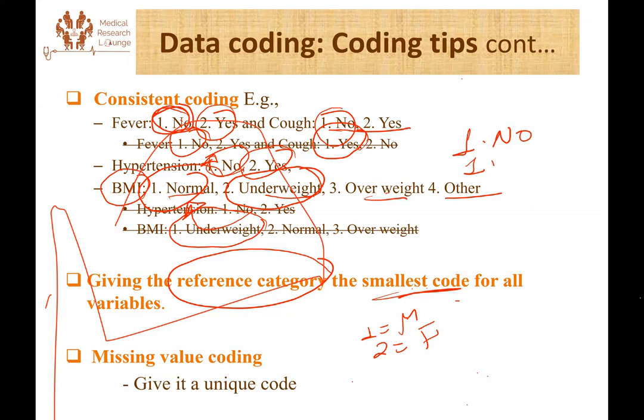And normally, the common trend is to use 99, 999, and something like that. So that when you see this number, you know that it's a missing value and it's not a data entry error. So it's important to give your missing value a unique code.